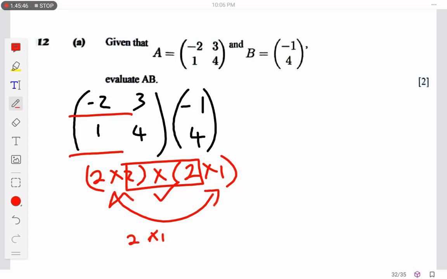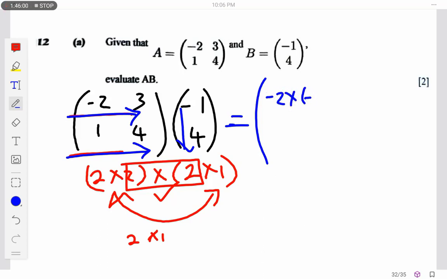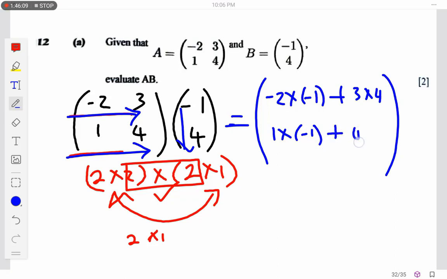Okay, so let's multiply. We are going to do row by column, and we do row by column again. So I'll get myself minus 2 by minus 1 plus 3 by 4. Then I have 1 by minus 1 plus 4 by 4 here.